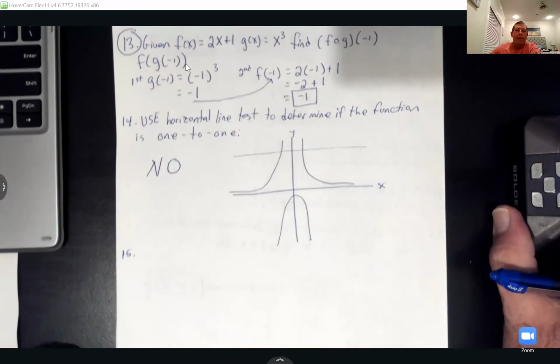All righty. So this number 15 said, hey, determine if 1-to-1. Then it says, if it is, find a formula for the inverse.